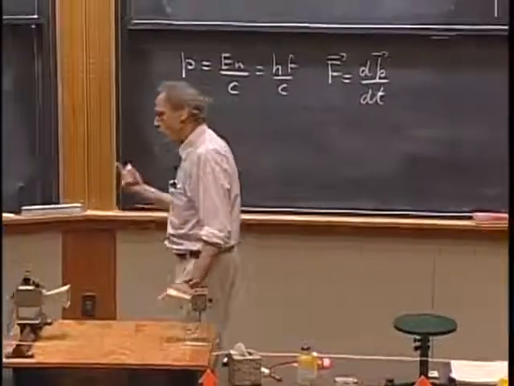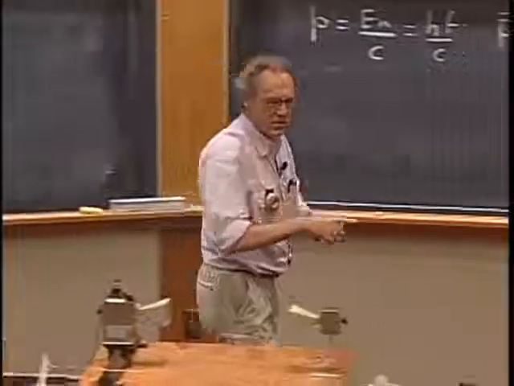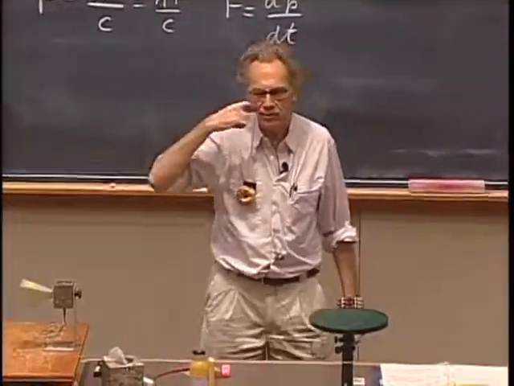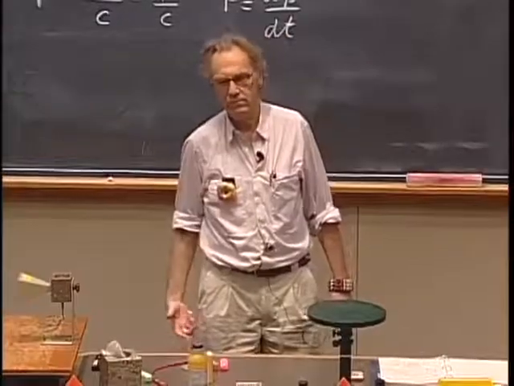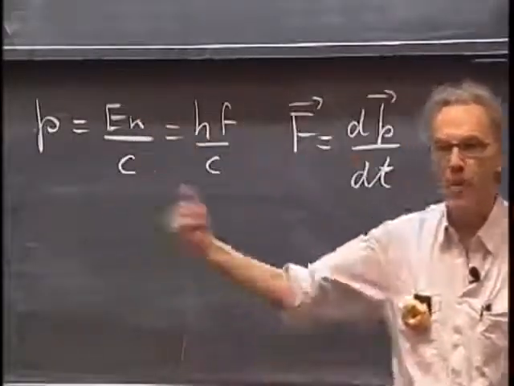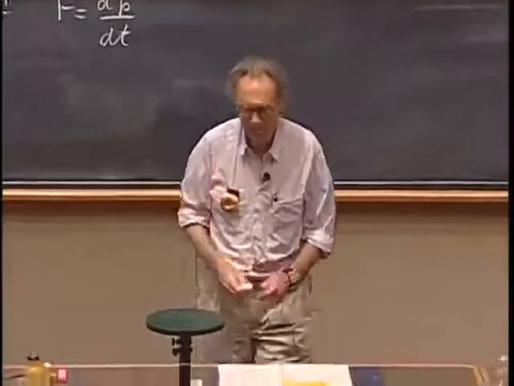So I'm throwing rotten tomatoes at you, and those tomatoes come in like this, and then they lose all their momentum in this direction because they go pfft. Momentum is conserved. So the momentum that they lose must become my momentum, because momentum is conserved.